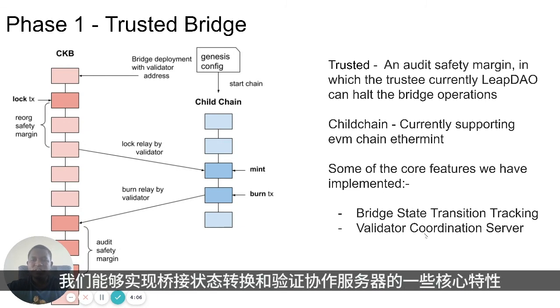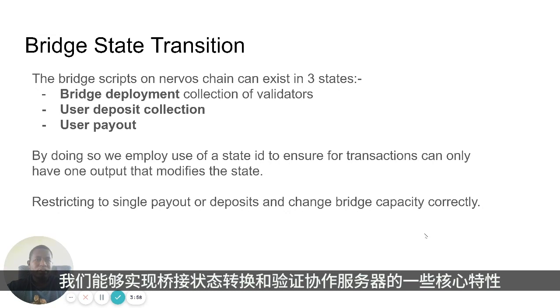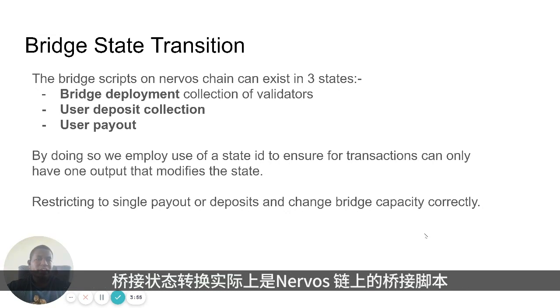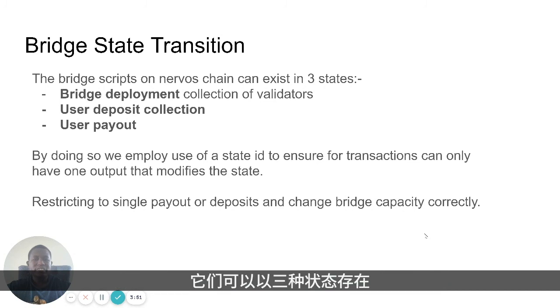So some of the core features that we were able to implement are the bridge state transition and a validator coordination server. The bridge state transition are actually the bridge scripts on Nervos chain that can exist in 3 states: the bridge deployment, user deposit collection, and user payouts.